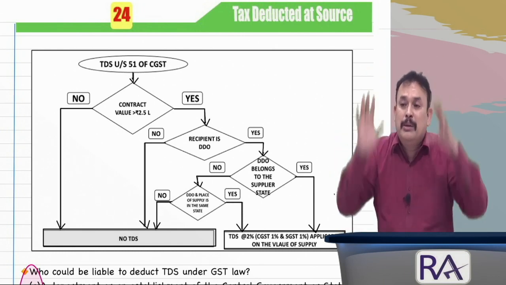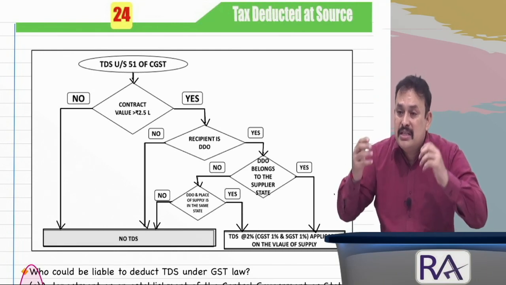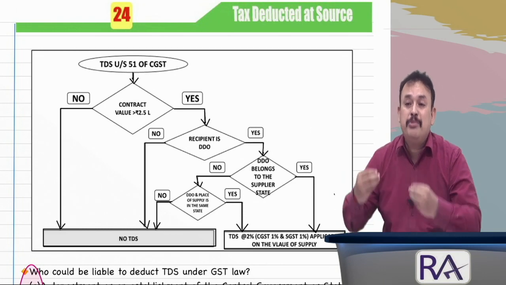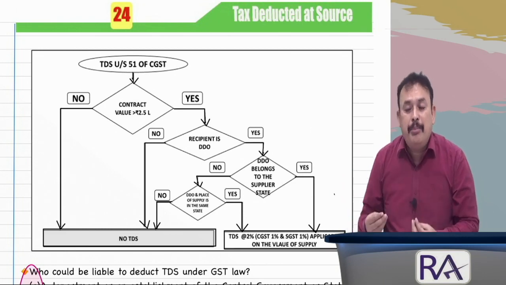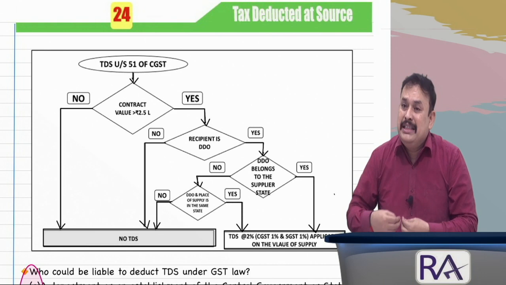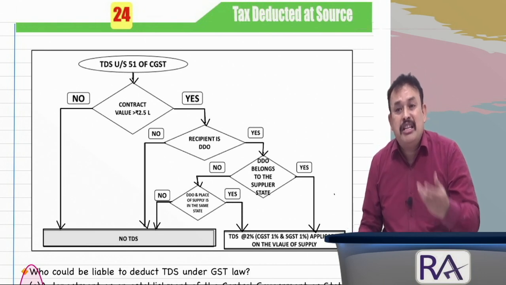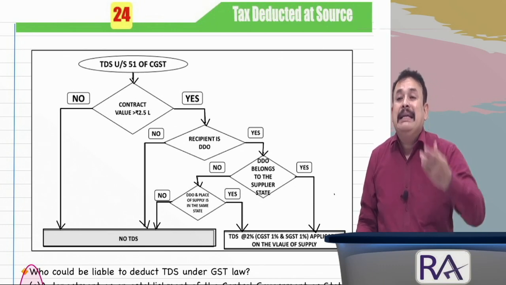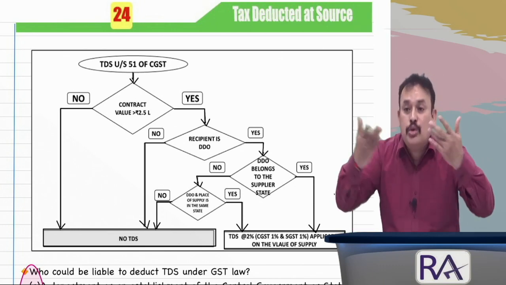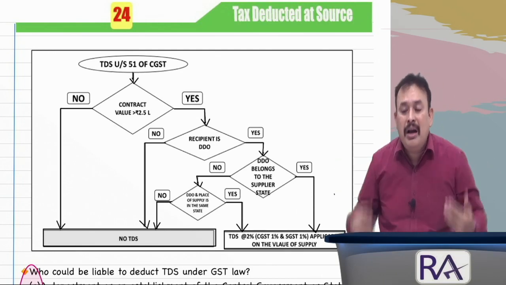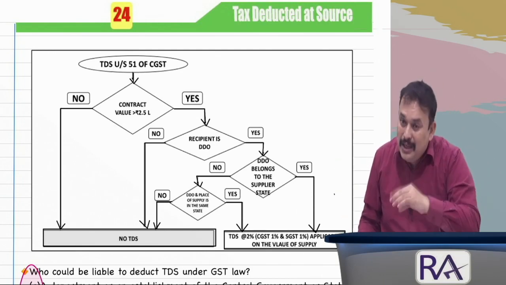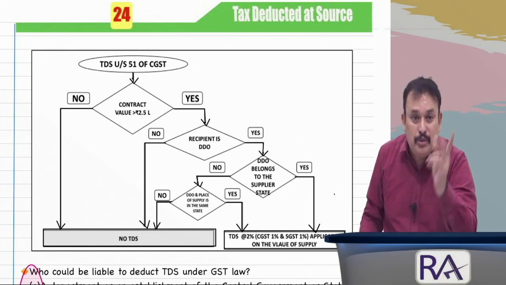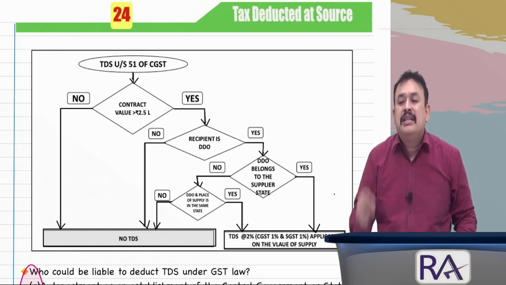Further, TDS is also not applicable if the supplier is the central government, state government, a local authority, an establishment established by an act, or a body corporate in which not less than 51% of the share capital is held by the government or a public sector undertaking, and it provides these services to the central government, state government or UT, a local authority, one local authority to another, or a PSU. If you provide these services to a DDO, in that case TDS is not applicable.